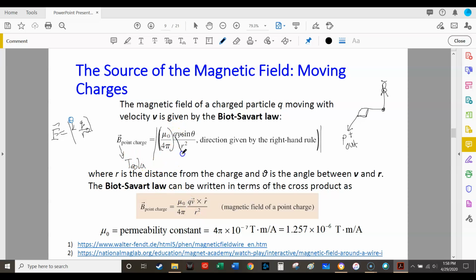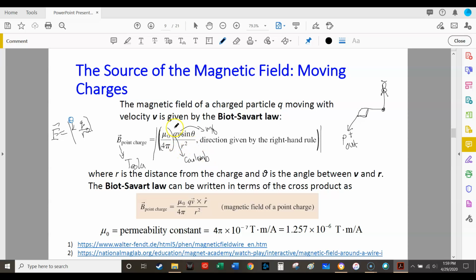The charge here, Q, its unit is a Coulomb, and velocity is meters per second. So what's really cool is that all of this stuff is actually related to an amp, right?